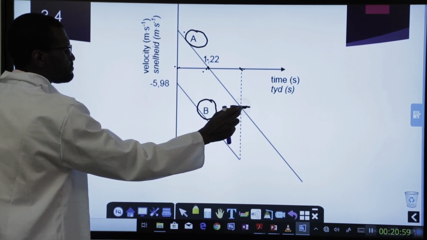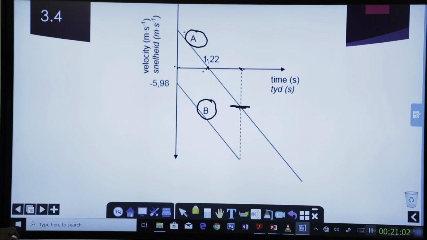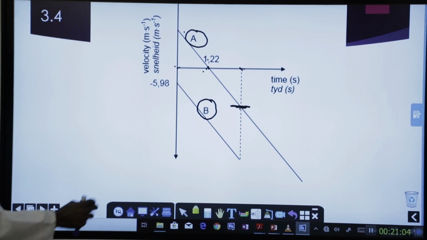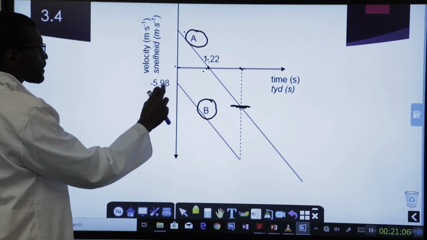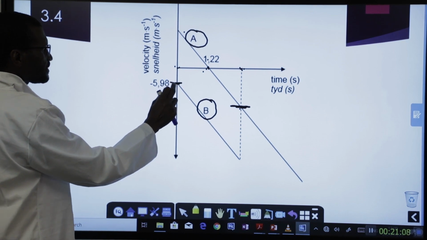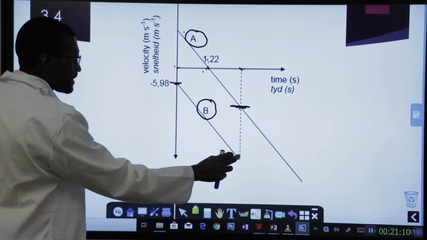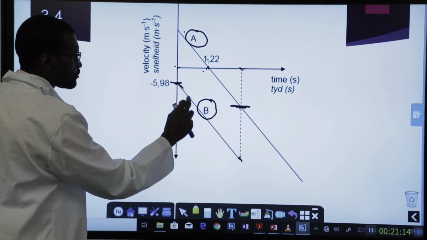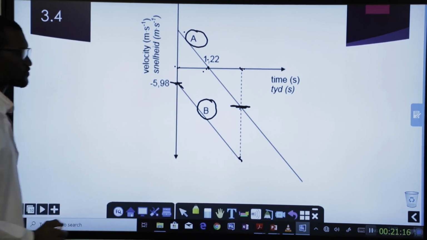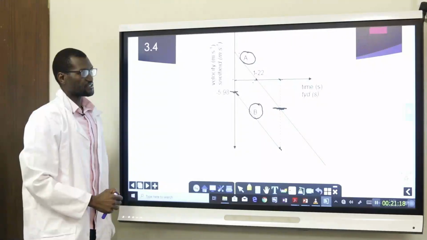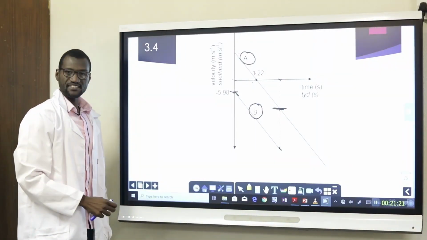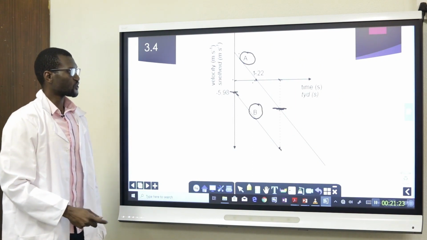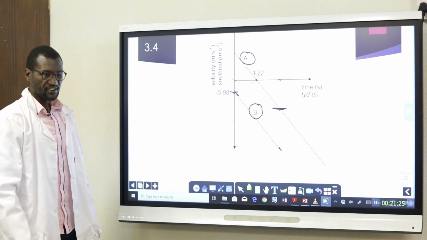Here it has reached back its point of origin. All right? That shows the graph of the initial velocity and the movement of stone B. I think that graph should be clear on showing the two different graphs.